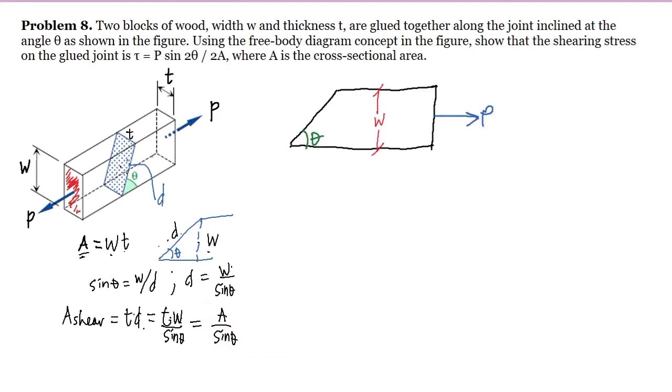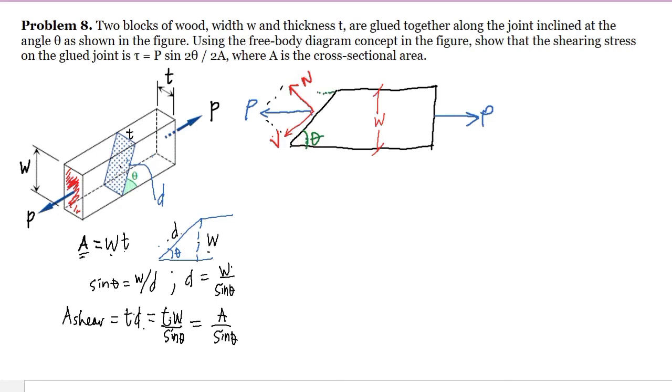So if we make a free body diagram, this is the force P. Now, if the force P will be acting on the inclined surface, then this P here would create components. So if this is P, we denote the component parallel to the inclined surface as the shear force V, and N is the component normal to the inclined surface.